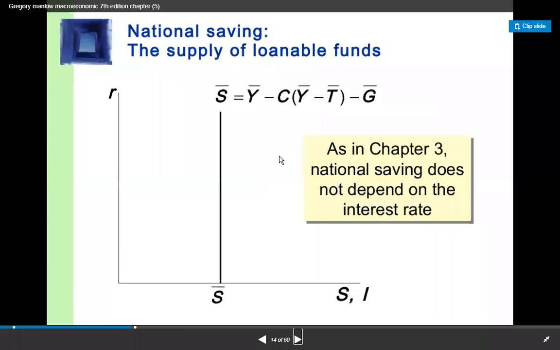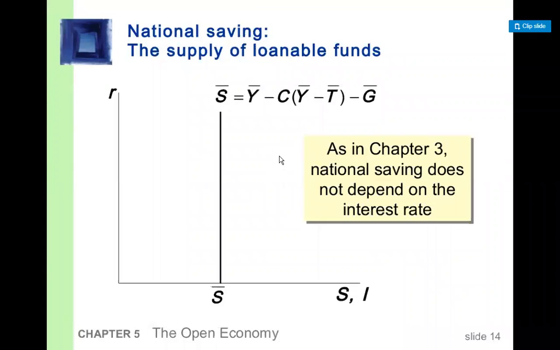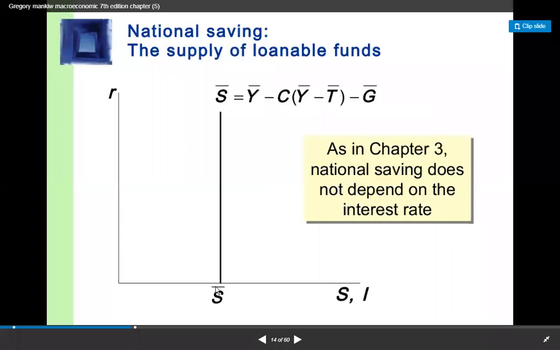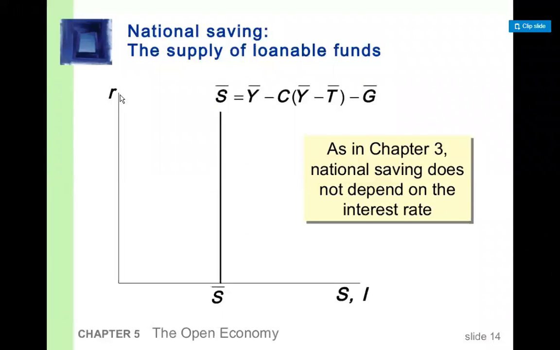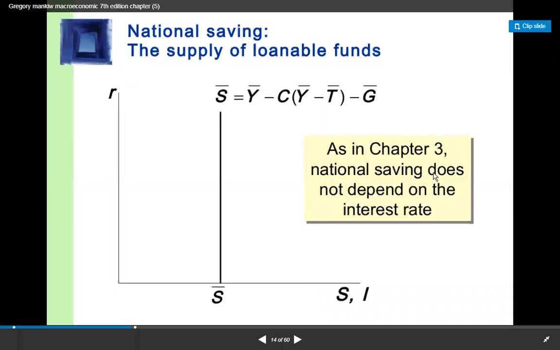Here the supply of loanable funds is fixed, because as we know, the supply of loanable funds does not depend upon interest rates. Because in the short run, the real interest rate is given, as we have done in chapter number 3.